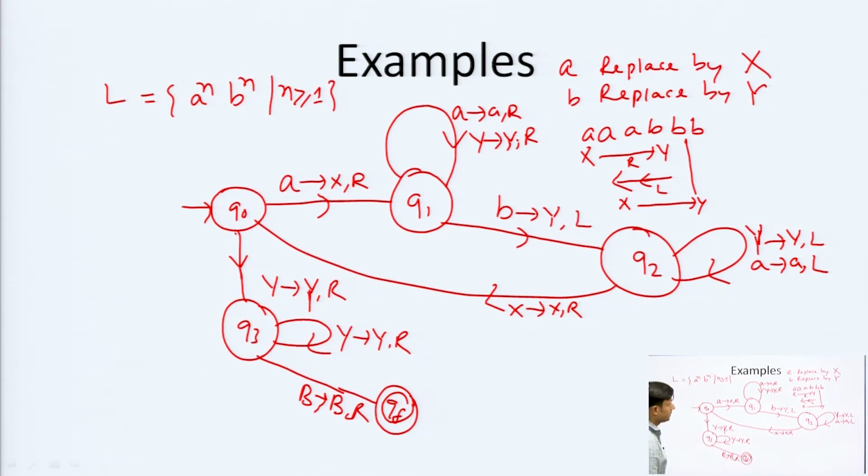So, in this way you can make it equal number of A, equal number of B.